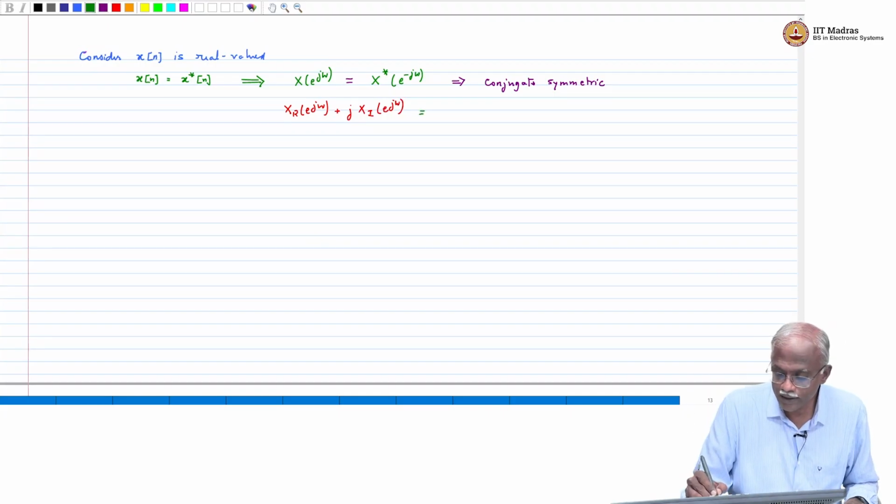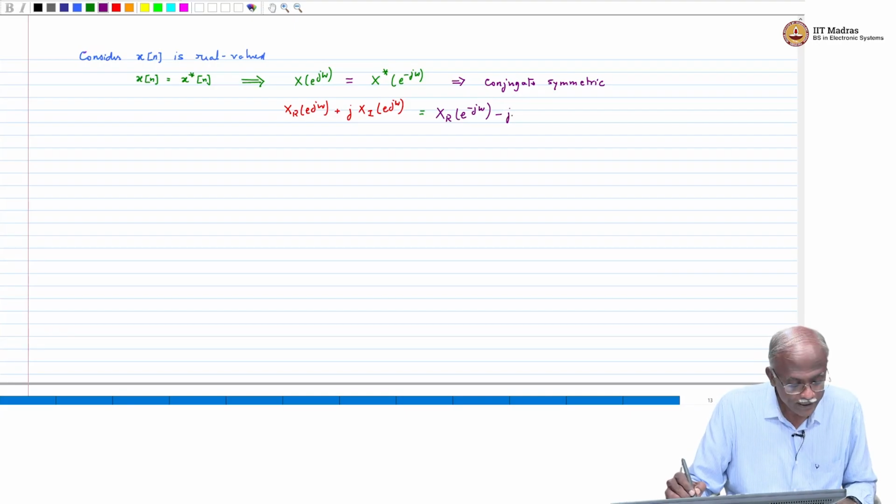That means this is equal to X R e of j omega, but you have to replace omega with minus omega, so X R e power minus j omega, minus, because of the conjugation, j times X I e power minus j omega.